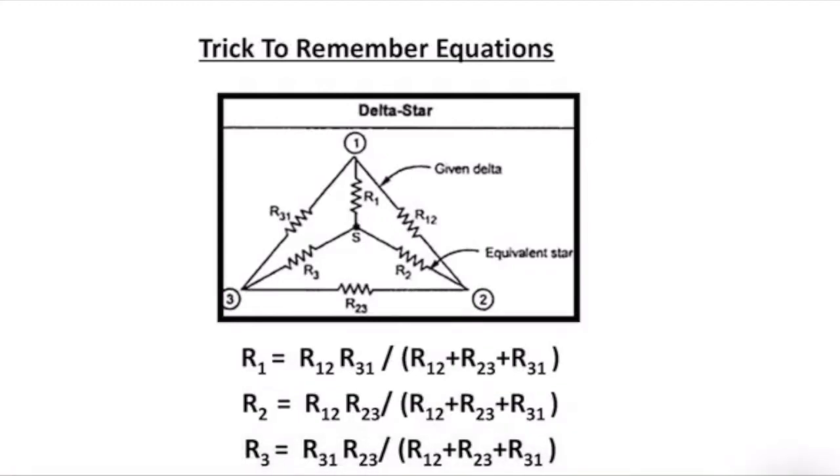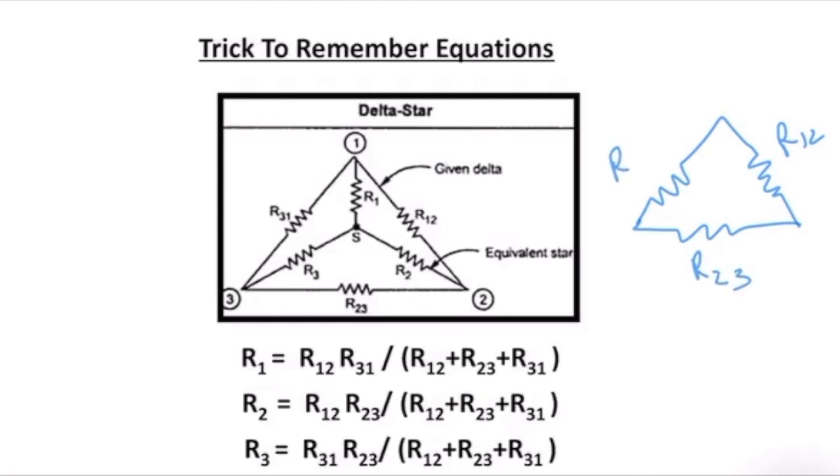If you want to convert any delta into star, you'll just draw your delta, and suppose the values of the different elements of the delta are R12, R23 and R31.